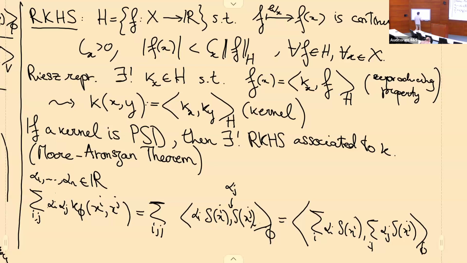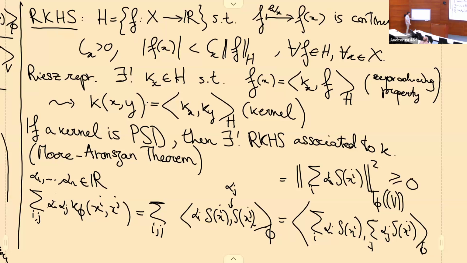And this is equal to the squared norm of the sum over i of alpha_i signature of x_i. This is the norm in this Hilbert space here, the completion that we defined yesterday, T phi, and this is positive.